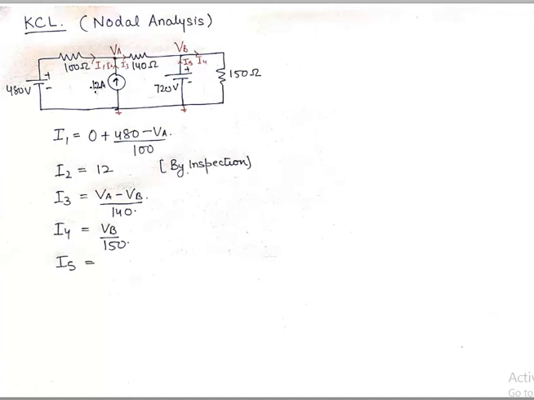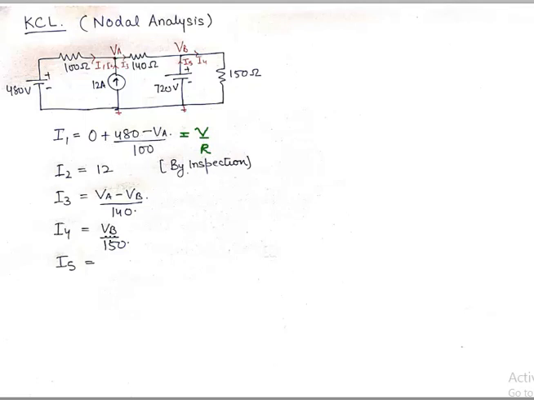So what happens is I1 is the current in this branch, and we've assumed that the direction of flow of the current is this, so what we see is we start from 0 and then 480 is added because we are going from negative to positive, and then minus VA upon resistance. So current is expressed in terms of voltage upon resistance, 480 minus VA upon 100.